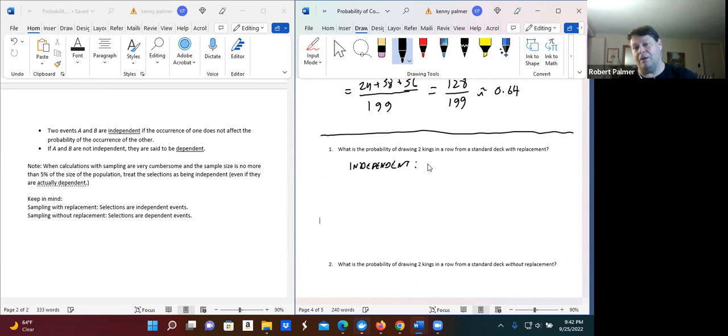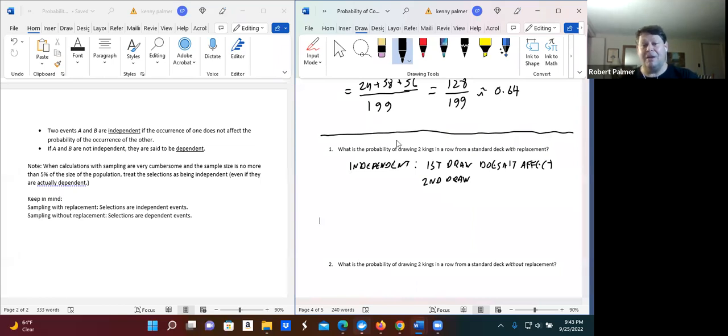The first draw doesn't affect the second. Because once again, it's called with replacement, so I'm putting the card back in, reshuffling the deck as if the first draw never happened.